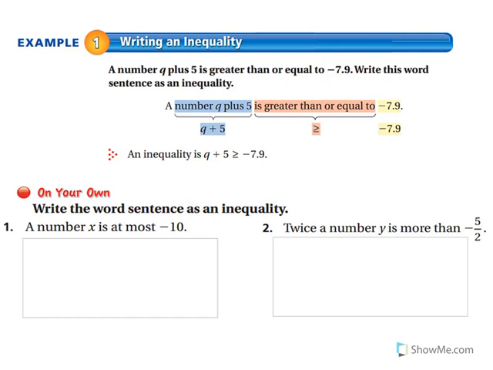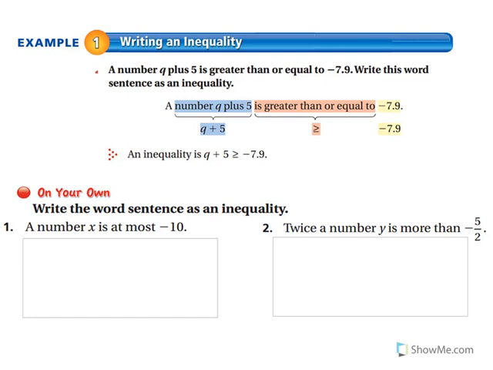All right, so our first example, we're going to look at writing an inequality based on the sentence that we're given. A number q plus 5 is greater than or equal to negative 7.9. So write this word sentence as an inequality. The first thing I want you to look at is taking the sentence and breaking it down.